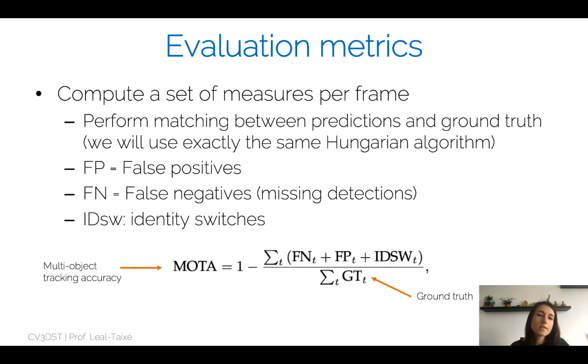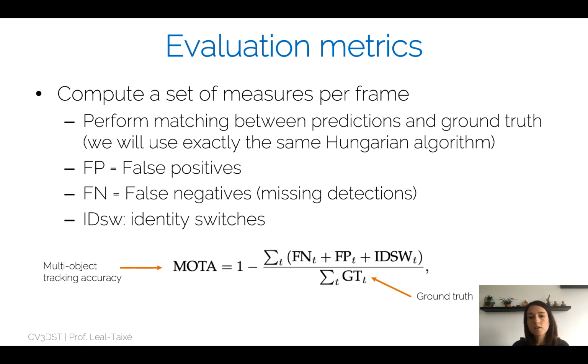Okay, so with this set of measures, false positives, false negatives, which are at the level of detections, and then identity switches, we can actually create the metric that is called the MOTA, the multi-object tracking accuracy.